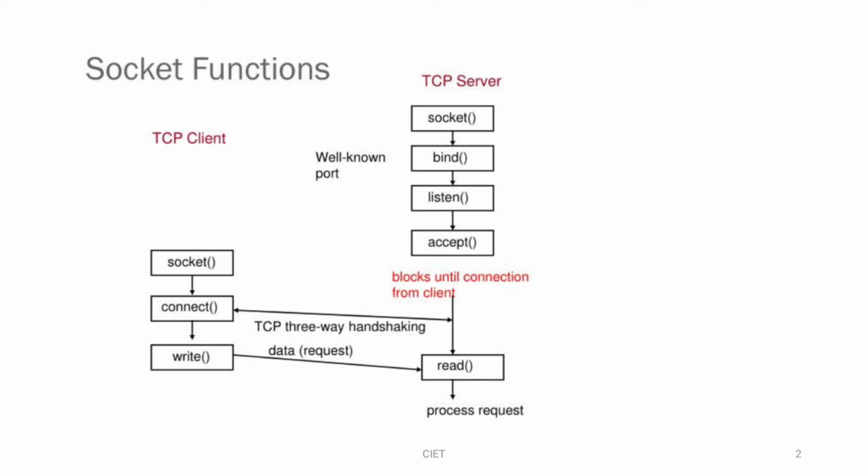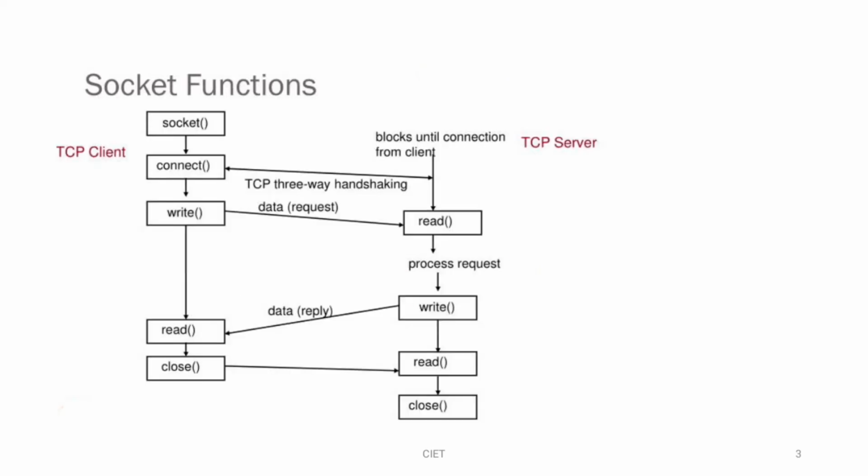After that, the write function at the client side will be used. From that the data will be sent to the server, and at the server side, the data will be read by using the read function over the network. This is the general process.